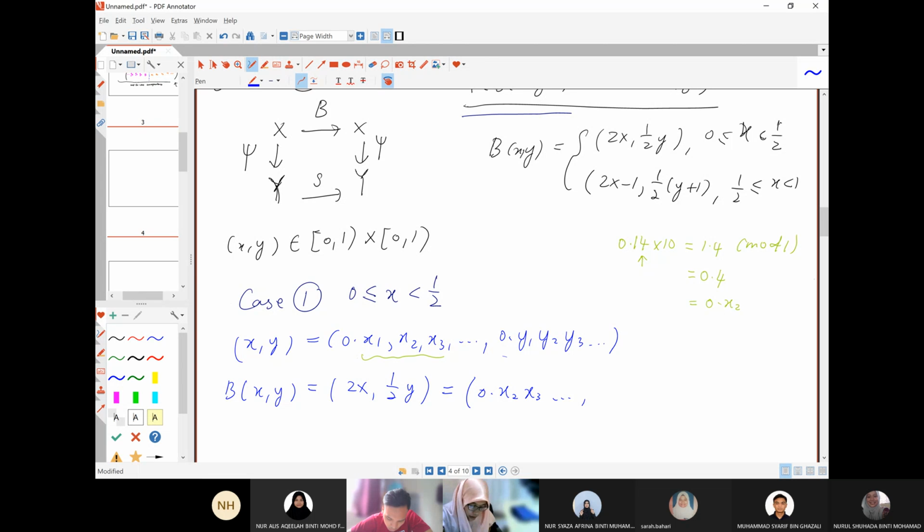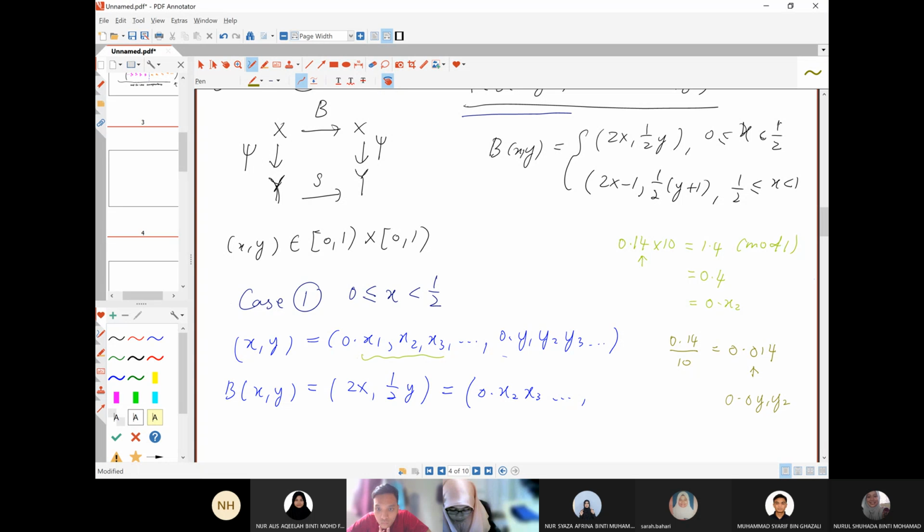Okay, kalau kita bahagi dengan 2, macam kita mula-mula kita tunjuk bahagi dengan contoh 0.14 divide by 10. Kan dapat? 0.014. So that means kita add another extra 0 dekat first digit. So this becomes 0.0y1, y2.